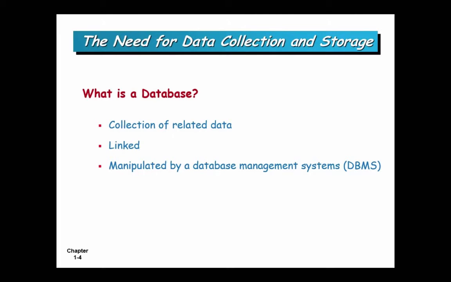So your data is linked, and then it's manipulated by something called a database management system. Sitting between a programmer and the data is this database management system, DBMS, which controls the data and hopefully provides some security around the data. And if you're watching the news these days, that security is very important.